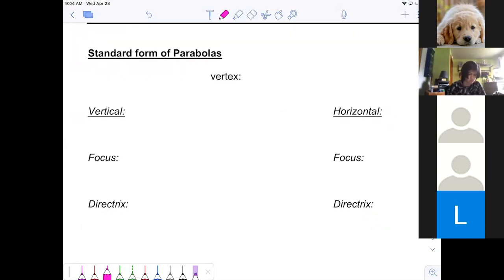All right, so looking at the standard form of a parabola. This is just a summary sheet to help you pull things together. We know the parabola has one vertex, and that vertex is at (h, k). When the parabola is a vertical parabola, does anybody remember the standard form of the equation for a vertical parabola?